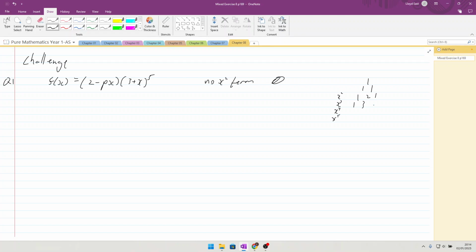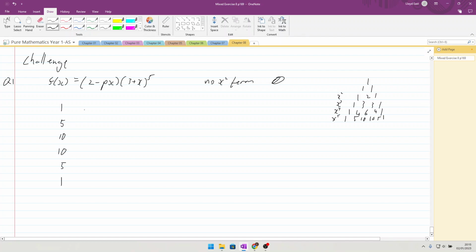We end up with 1, 3, 3, 1, 1, 4, 6, 4, 1, and then 1, 5, 10, 10, 5, 1. Instead of doing 5 choose 0, 5 choose 1, 5 choose 2, and so on, we've just done it out here with the triangle to keep it simplified. I've written it wrong over there, haven't I? It doesn't matter.